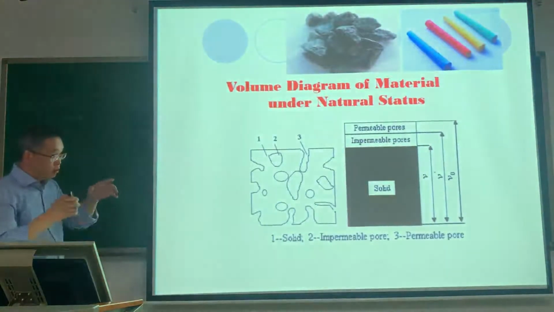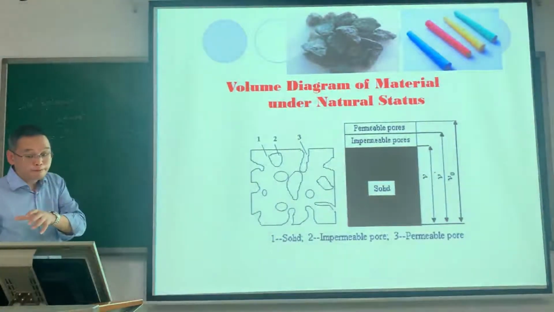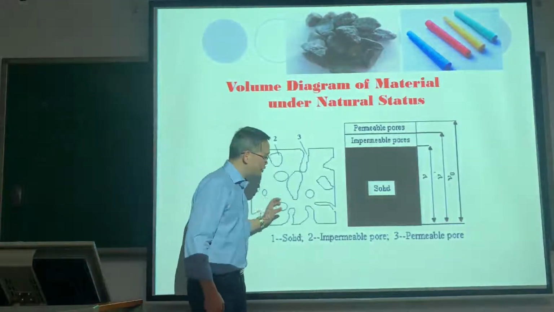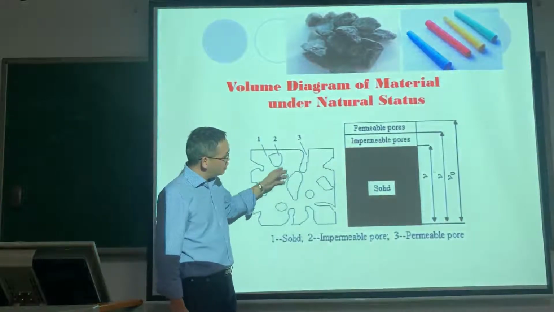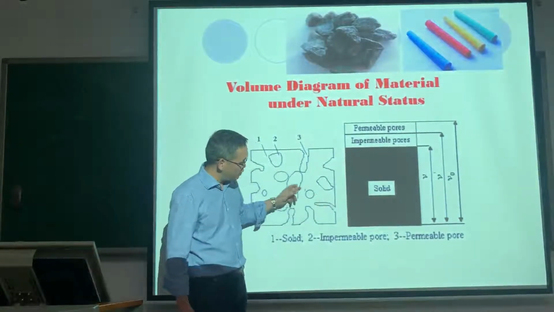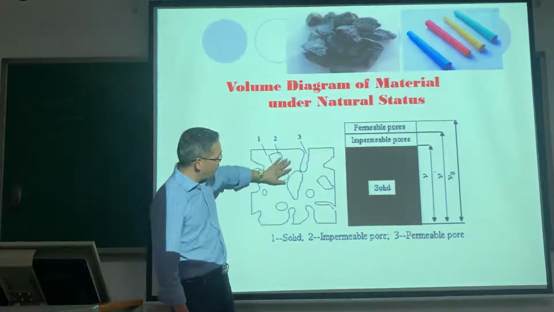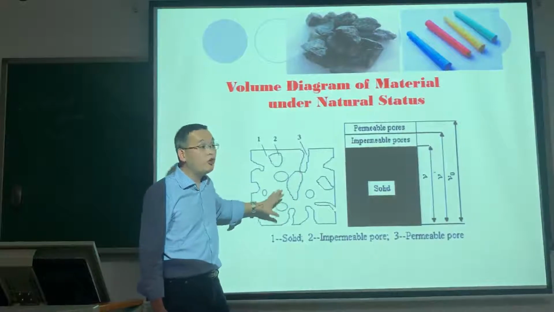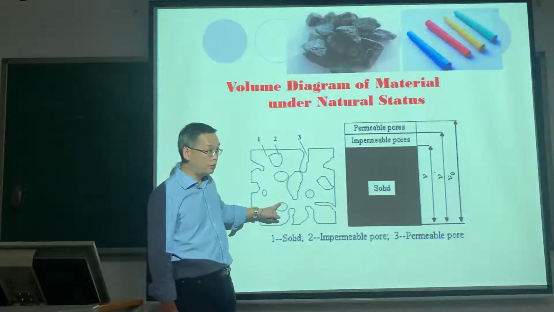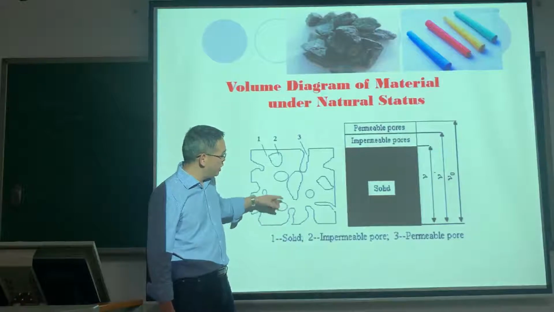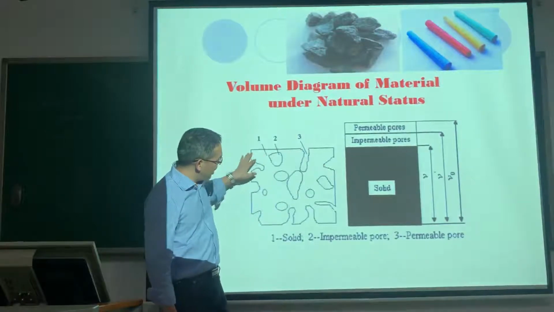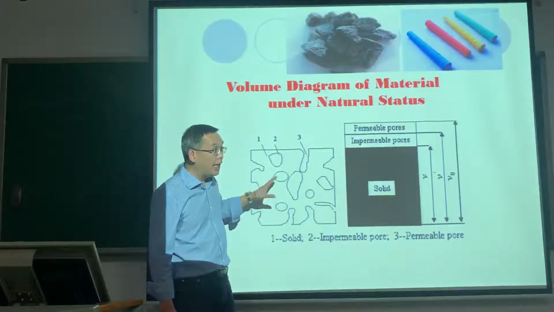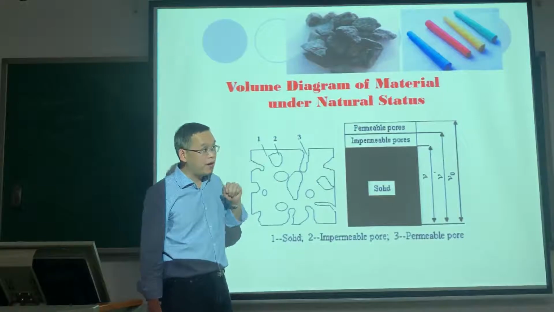If we want to know the other kinds of density, we need to know this diagram. Here, in the natural state, the volume of a material is divided into three parts.